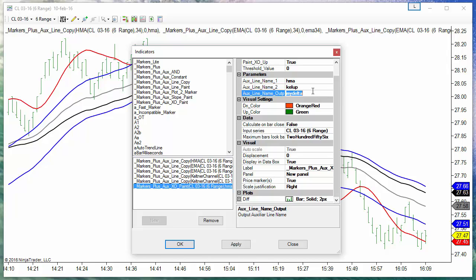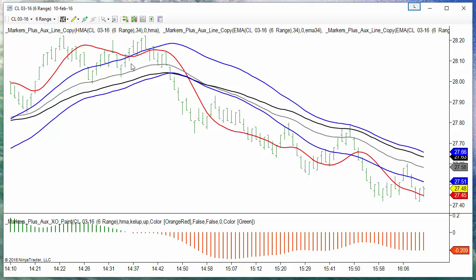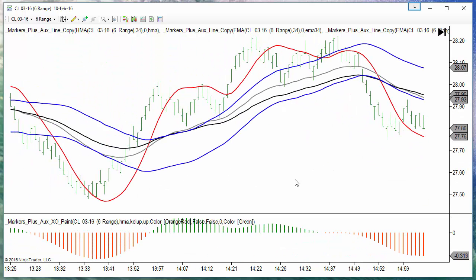The result, I will apply the name up. I don't want signals. We can see when the red line is over the envelope, this is positive, this is green.